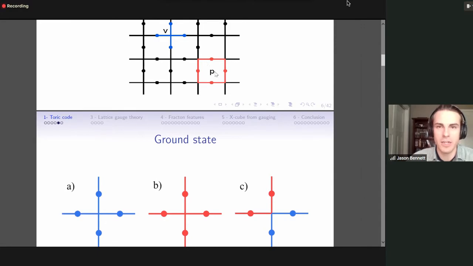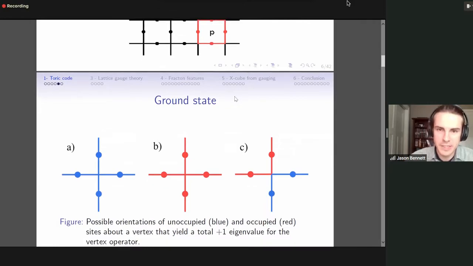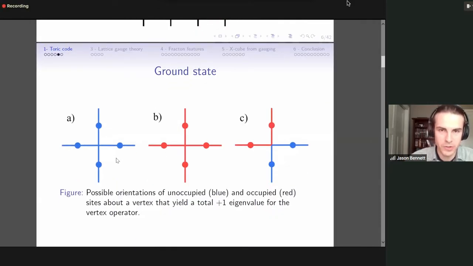Not thinking about vertex or plaquette operators for the moment, but just about how an intersection or a crossroad is traversed. The reason this is significant is because we don't see in any of these circumstances anything where it stops at a particular point. So for instance, if I come in, I'm going out and going out and going out.